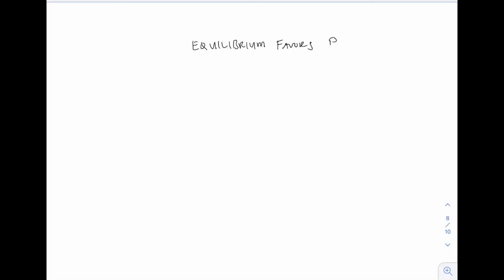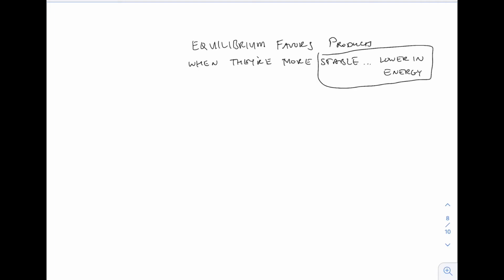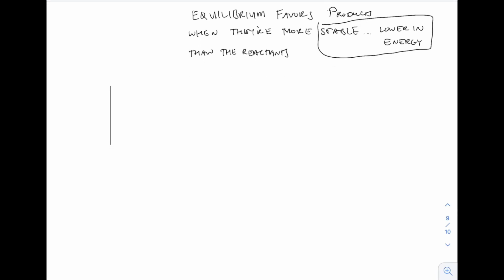All right, so the equilibrium favors the product when it's more stable. Remember, stability means that it's lower in energy. It's kind of related to acid-base chemistry, right? The more stable the conjugate base, the lower in energy.